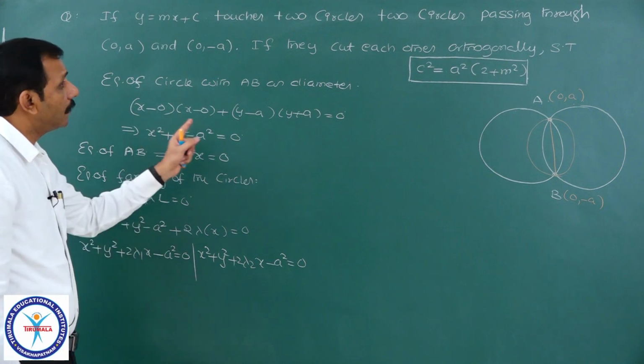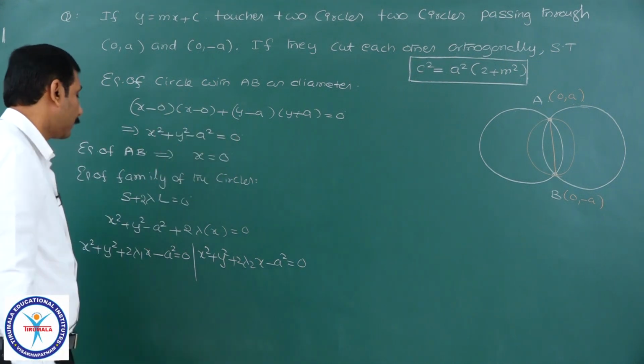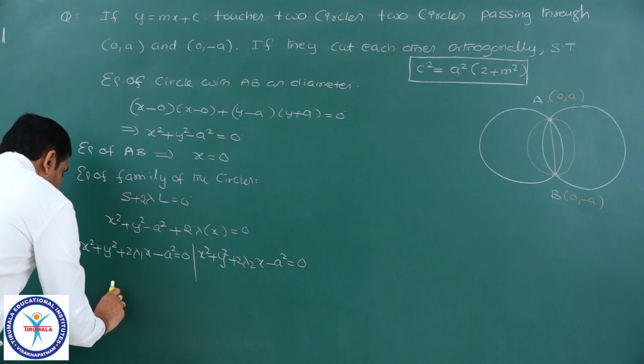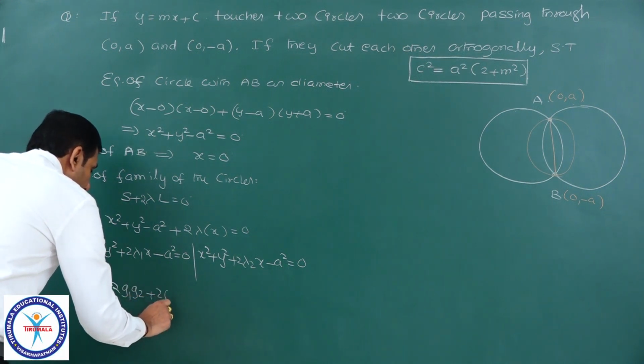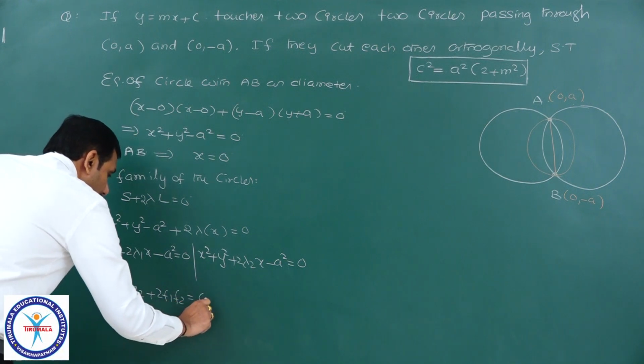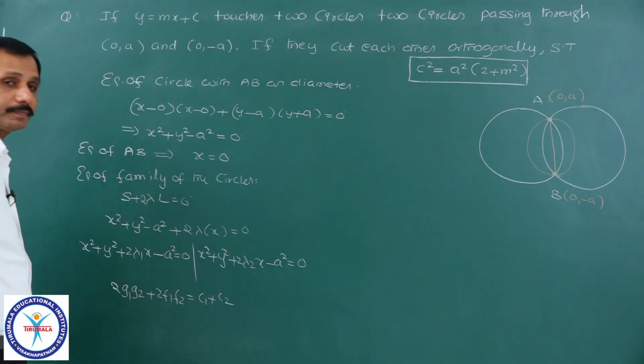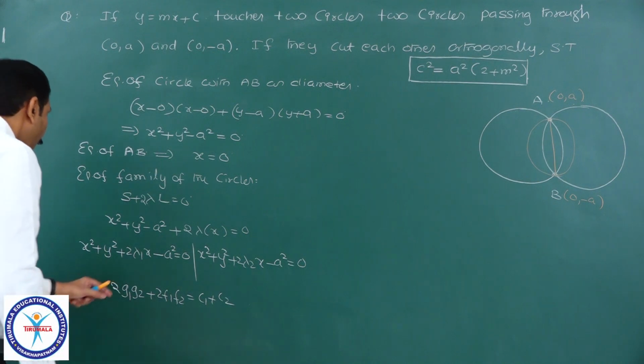Now, given that these two circles cut each other orthogonally, means 2g1 g2 plus 2f1 f2 is equal to c1 plus c2. What is here?